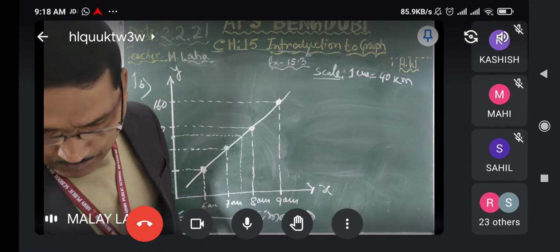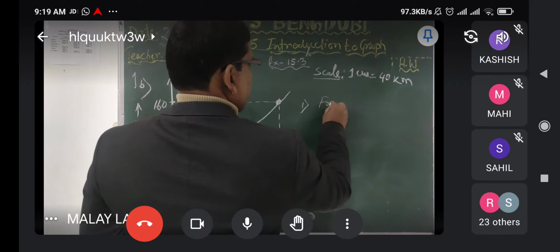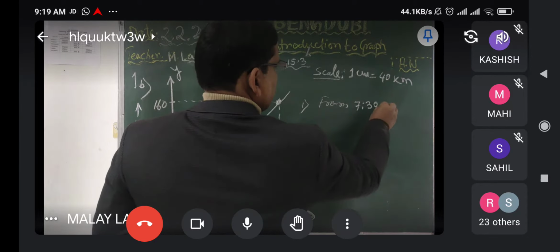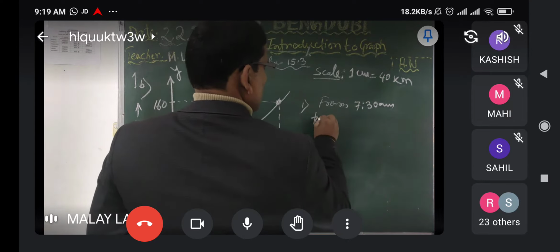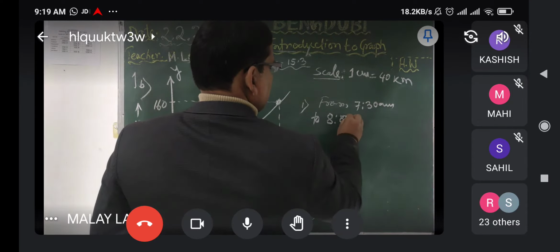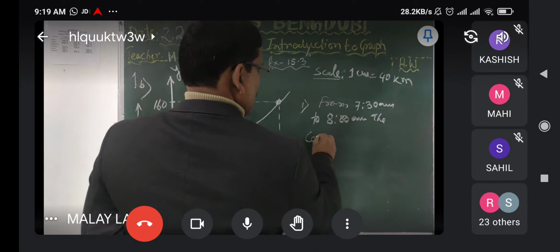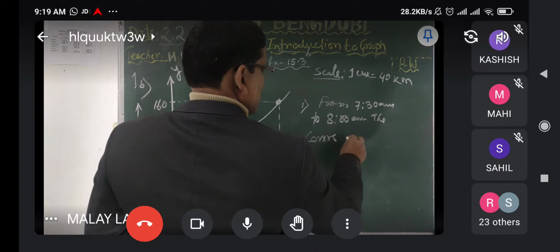How much distance did it cover 7:30 to 8? If it is 100, then this mass is what? 20. So the answer: from 7:30 a.m. to 8 a.m. the car covers 20 kilometers.